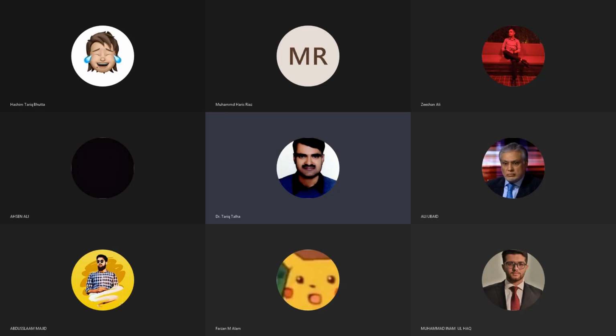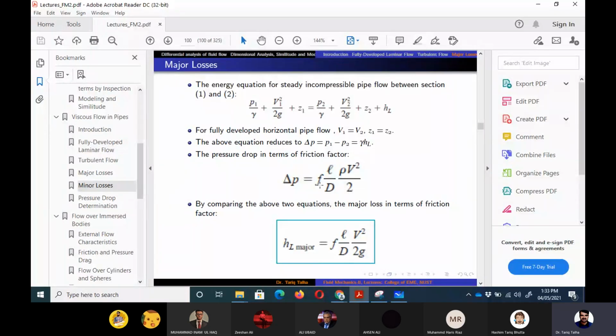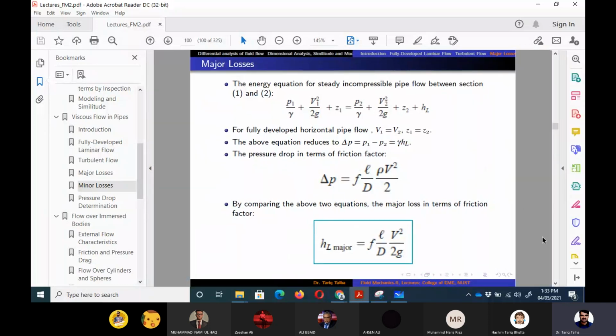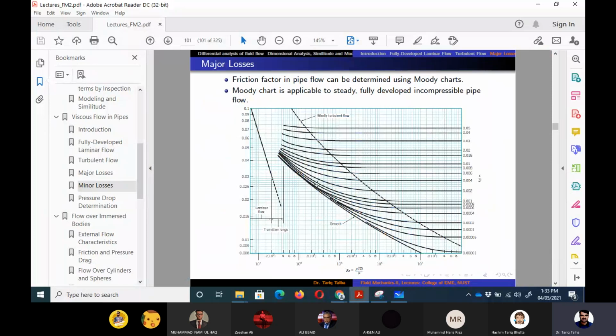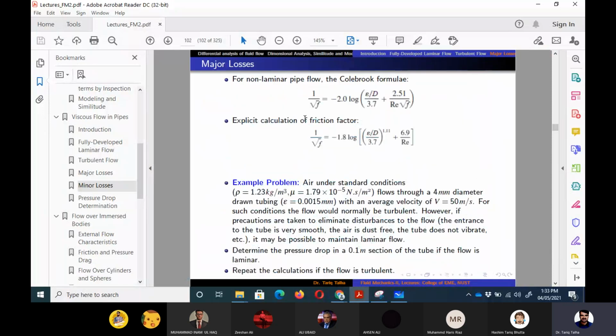Okay, so this is something which we discussed in the last class, and we know that the friction factor is equal to 64 divided by Reynolds number for steady laminar fully developed pipe flow. But in case of turbulent and transitional flow, we need to use the Moody chart for the determination of friction factor, or we can use the Colebrook relation.